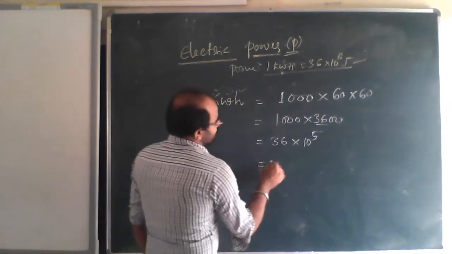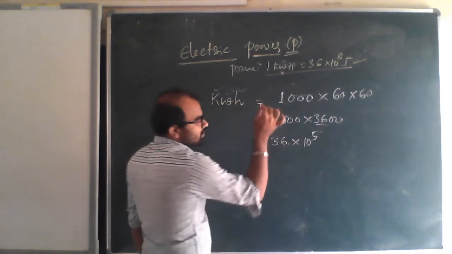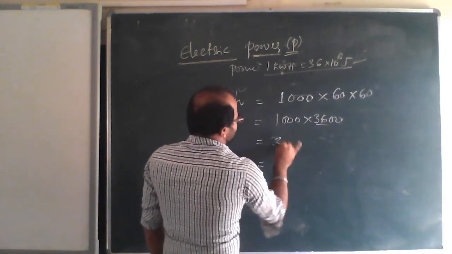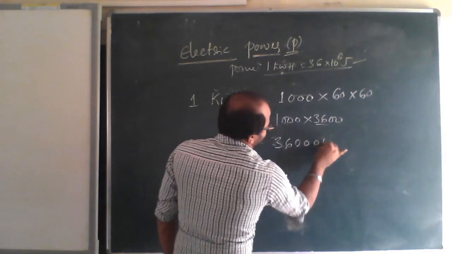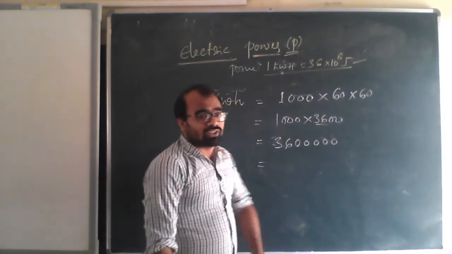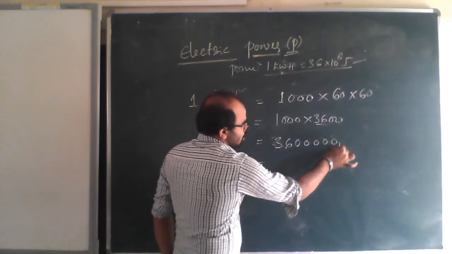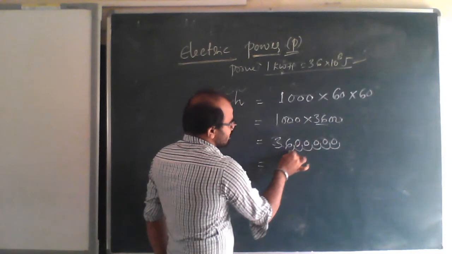Okay, so I can write it by putting the point here. Or you can write by multiplying this, 36, 2 zeros and 3 zeros, 5 zeros. Where is the point? If there is no point, you have to consider it at the last. So I will bring it this side. 1, 2, 3, 4, 5, 6.